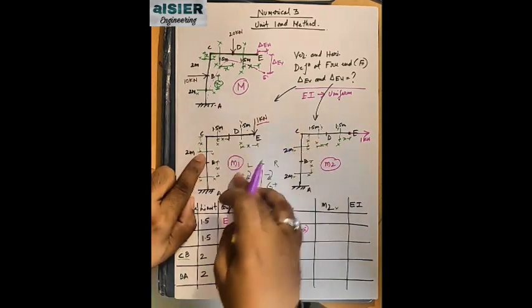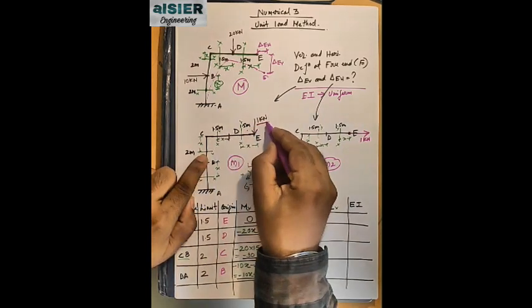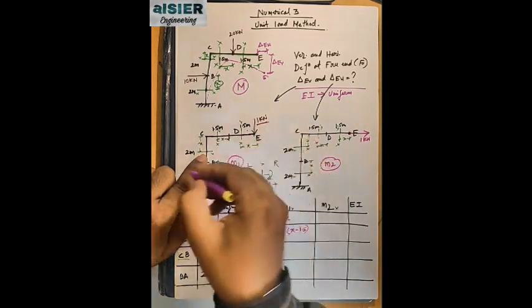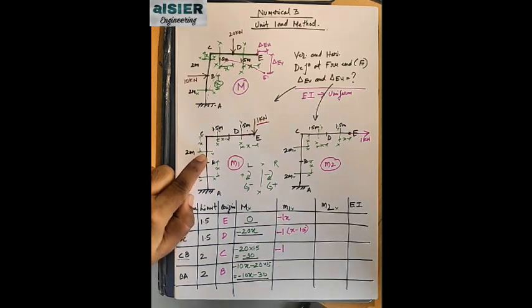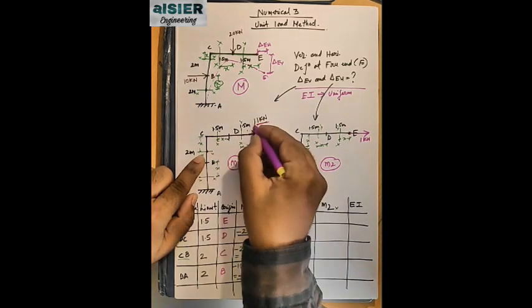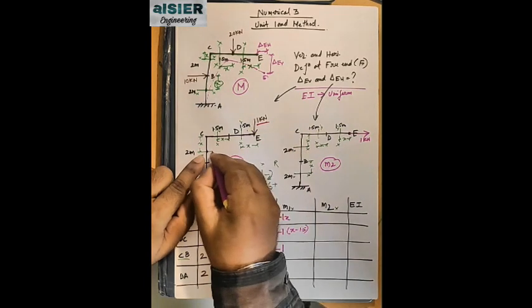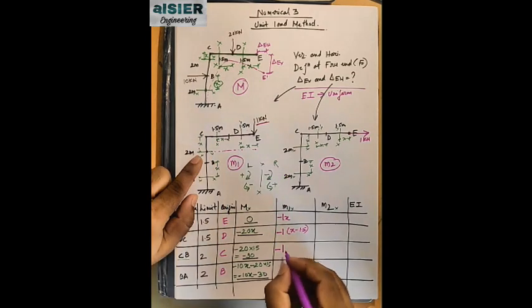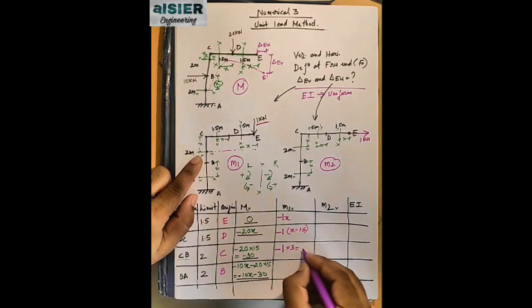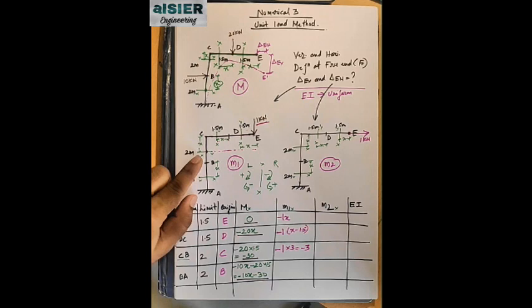Okay. Now for this section, this whole length will be in consideration, right? The right side of the section. How many loads are there? There is only one load of 1 kilonewton which is going clockwise. So again minus 1. What is the distance? The perpendicular distance of this 1 kilonewton from here, how much is it? It is 3 meter. So I will multiply it with 3, which is equal to minus 3.